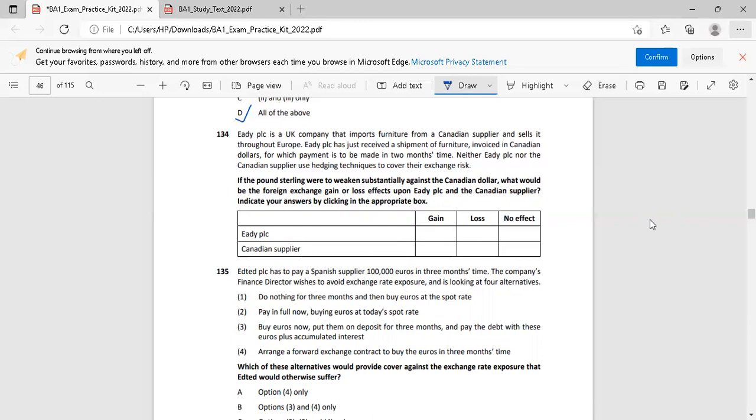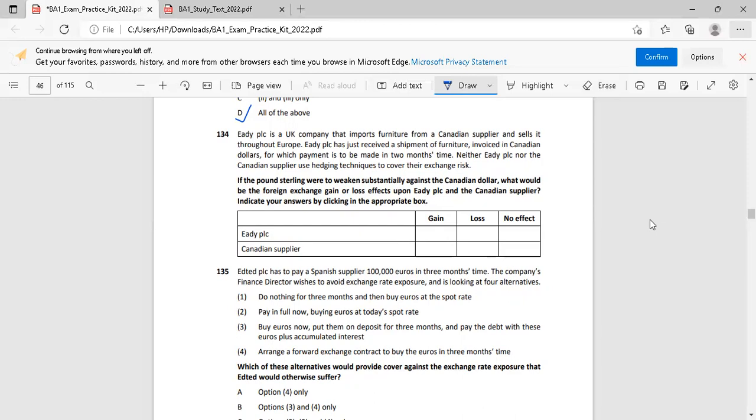EDPLC is a UK company that imports furniture from a Canadian supplier and sells it throughout Europe. EDPLC has just received a shipment of furniture invoiced in Canadian dollars, for which payment is to be made in 2 months' time. Neither EDPLC nor the Canadian supplier use hedging techniques to cover their exchange risk.